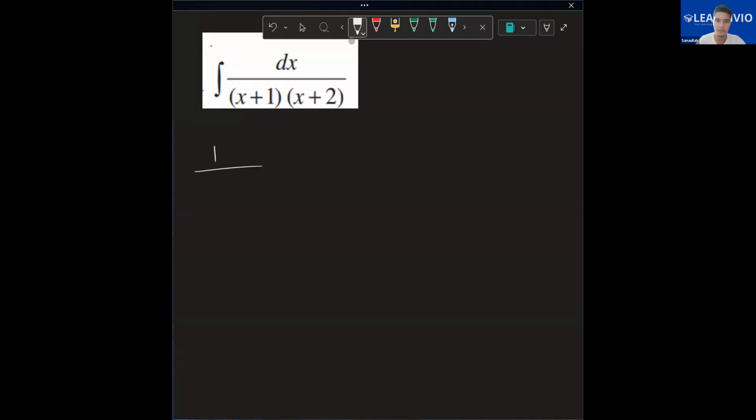This is 1 upon x plus of 1 and x plus of 2. So I don't know how to integrate this, but it can be helpful if I get something like a upon x plus 1 and b upon x plus 2. So I will assume this as a upon x plus 1 and b upon x plus 2.